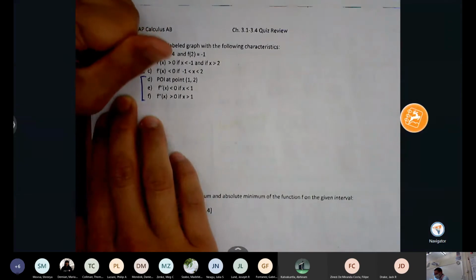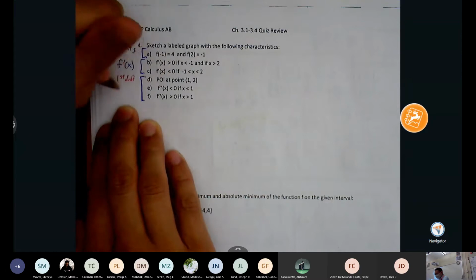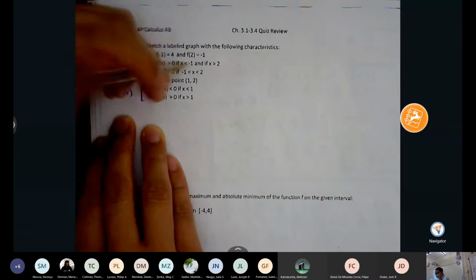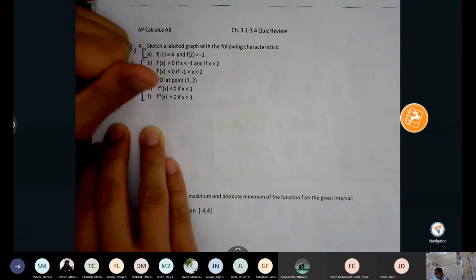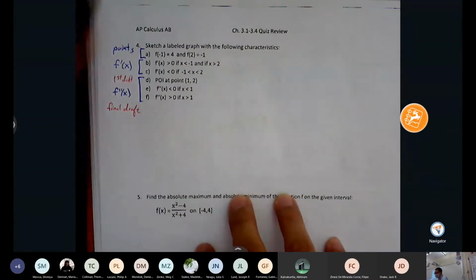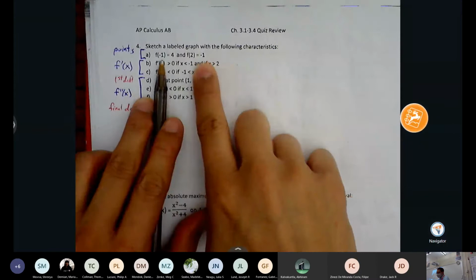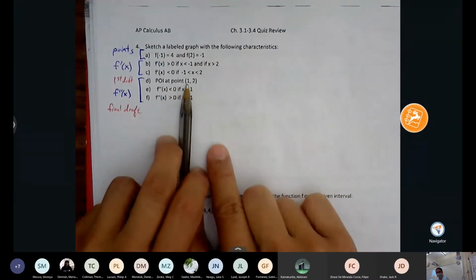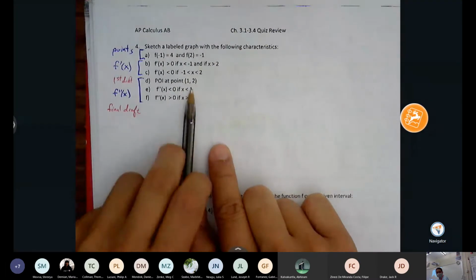So I'd like to do a first draft, then my second derivative sign line, and then my final draft. Okay, so I have some ordered pairs here. I can also put this here as well. This is 1, 2, another point that's telling us where the point of inflection is.